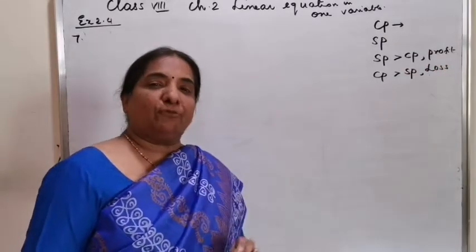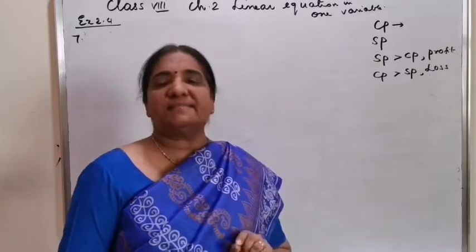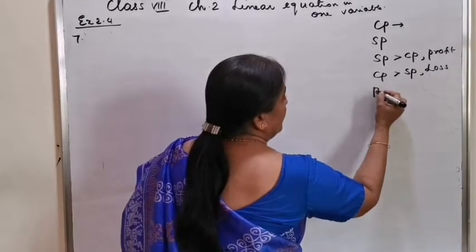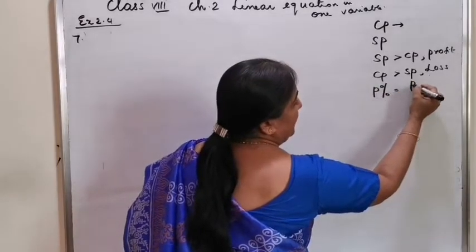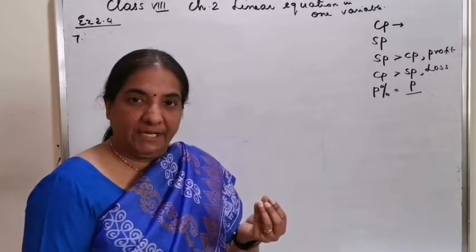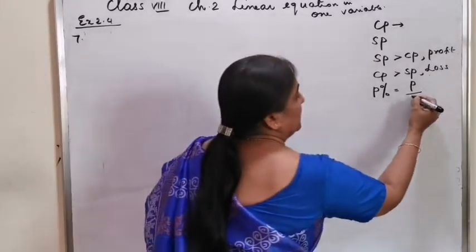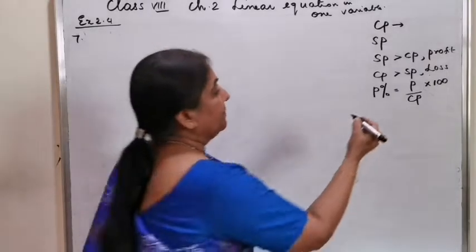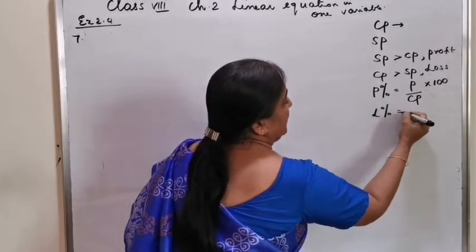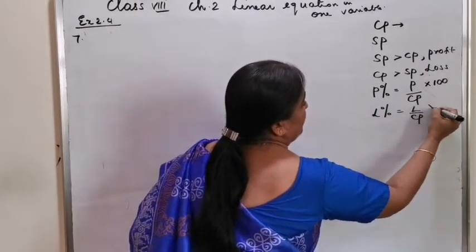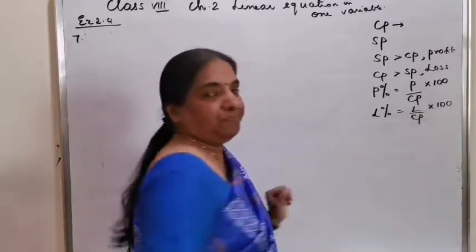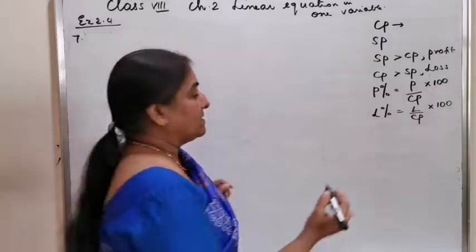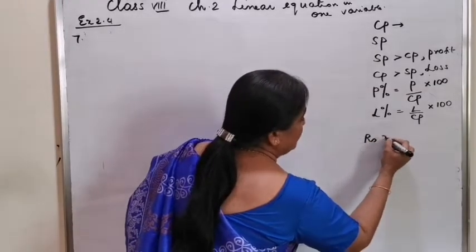And profit and loss is always calculated on cost price. That is, profit percent is the profit you made on the cost price of the article into 100. Loss percent is the loss by CP into 100. And now, suppose you are buying an article for x rupees.